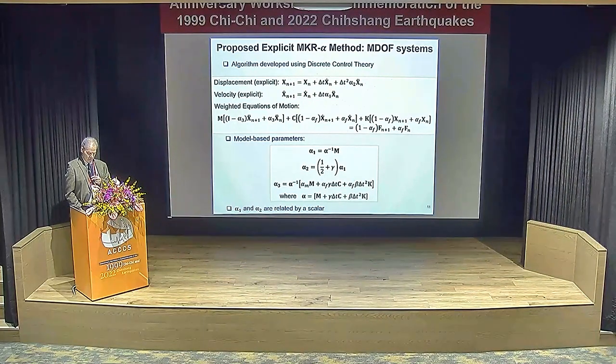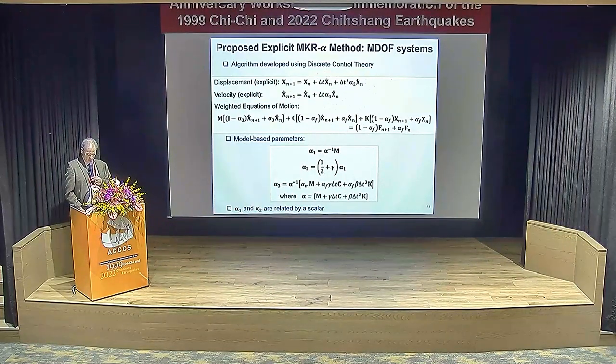It has a lot of attributes, and you can see the kinematics here for displacement and velocity are truly explicit. You see the n plus 1 on the left-hand side of the equal sign, and what you know is on the right-hand side, n. Alpha 1, alpha 2 are integration parameters. The way we introduce dissipative characteristics is by solving the weighted equations of motion.